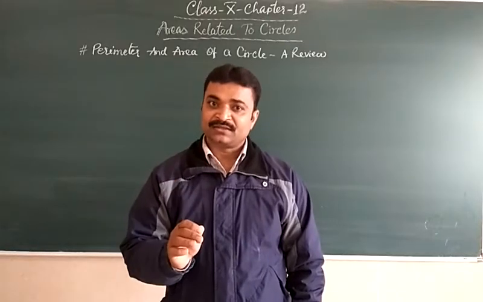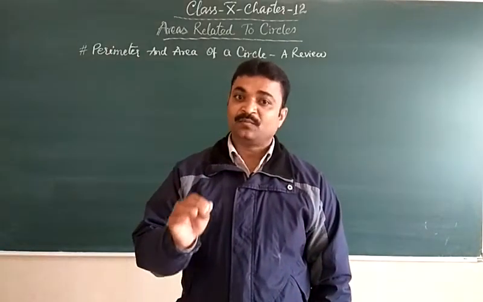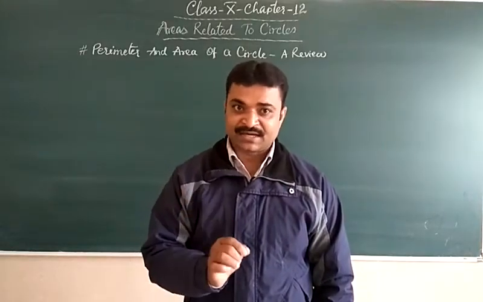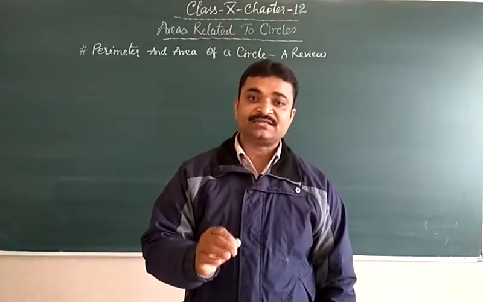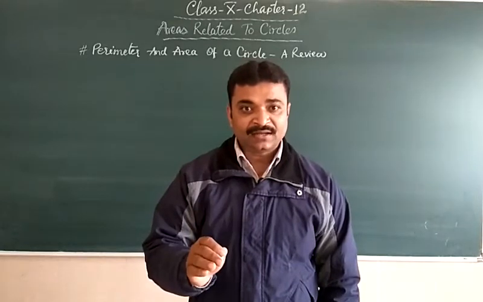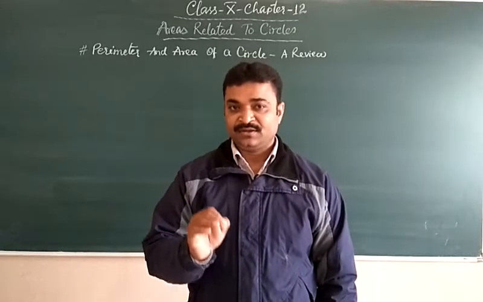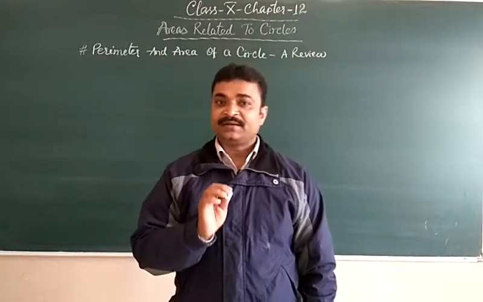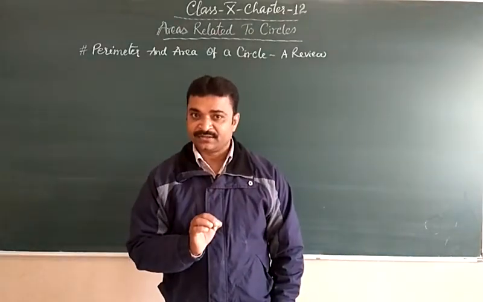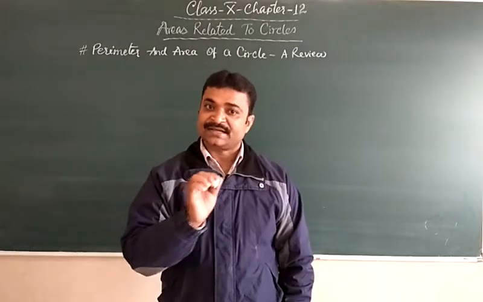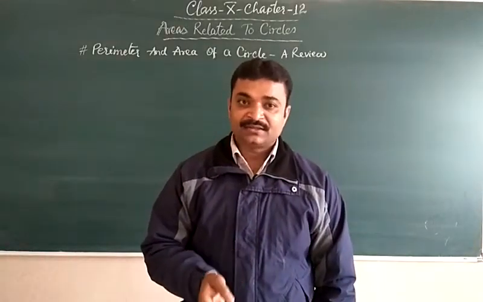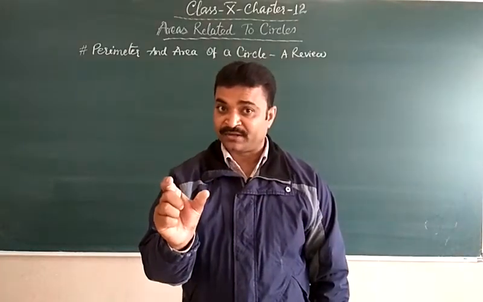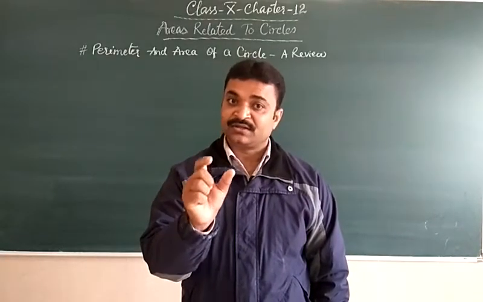A circle is a path traced by a moving point which always remains at a fixed distance from a fixed point. That fixed point is called the center of the circle, and the distance between the fixed point and the moving point is called the radius.